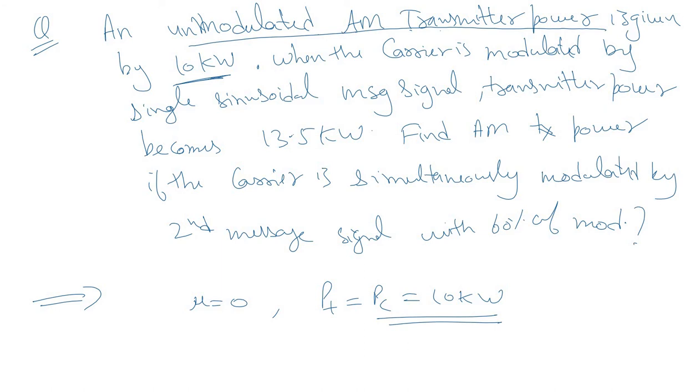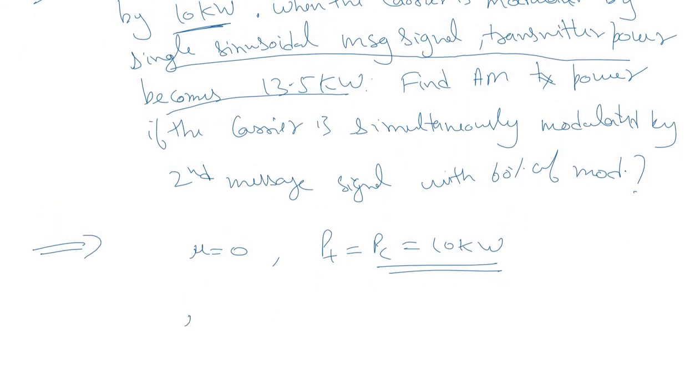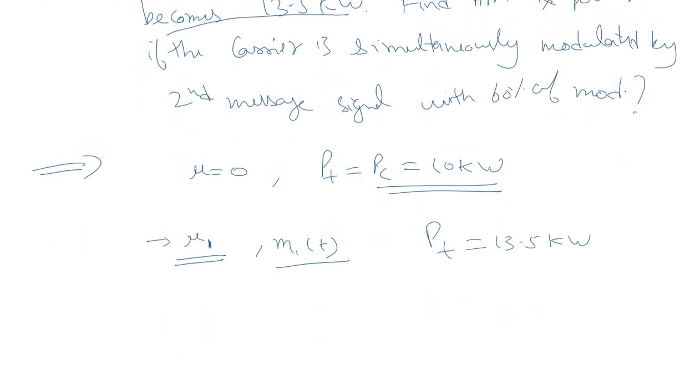Now when the carrier is modulated by a single sinusoidal message signal, the transmitter power becomes 13.5 kilowatts. So let's say a message signal M1(t) modulates the carrier signal and the corresponding modulation index is mu1, the transmitter power PT becomes 13.5 kilowatts. This is the given information.